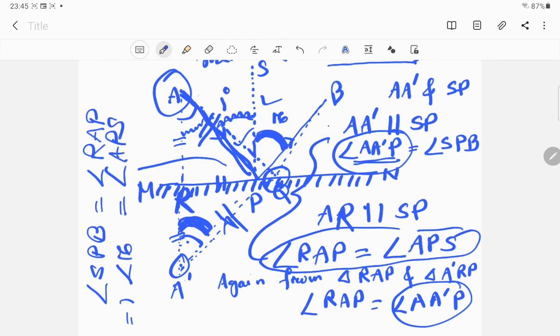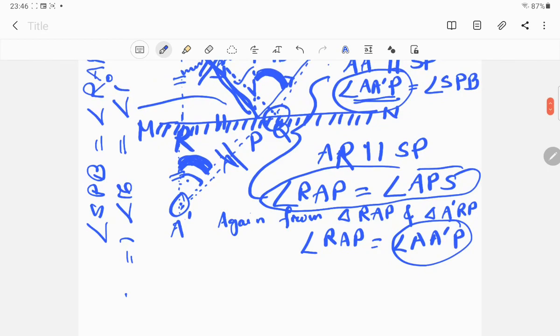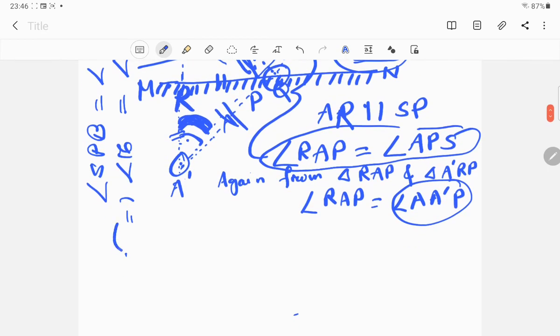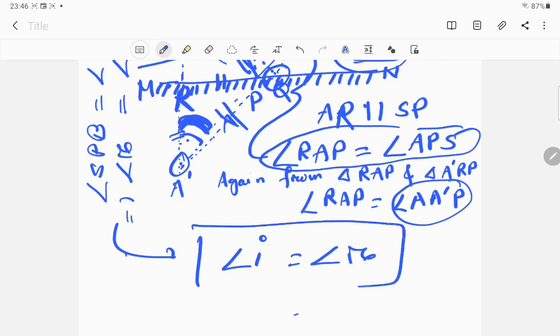Okay, so APS is nothing but angle I. So in place of angle APS, I can write angle I. So that means it proves that angle of incidence is equal to angle of reflection. So with that we have proven two laws of reflection.